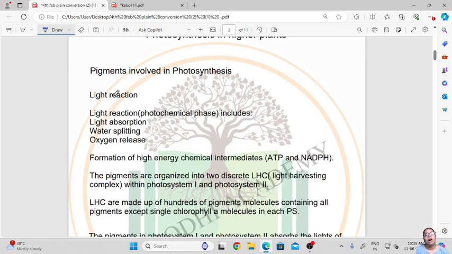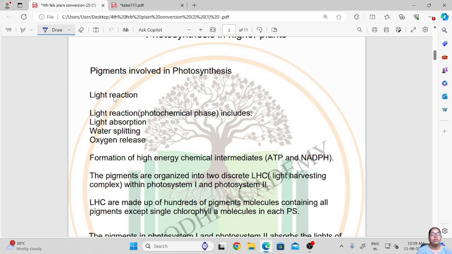So now we know what the pigments are and how they are present in the plant. Now let us see how the photosynthesis reaction takes place. The light reaction in the process of photosynthesis includes the following phases.